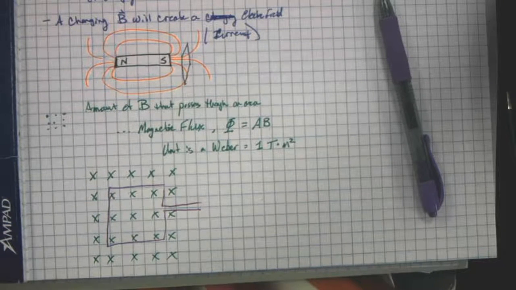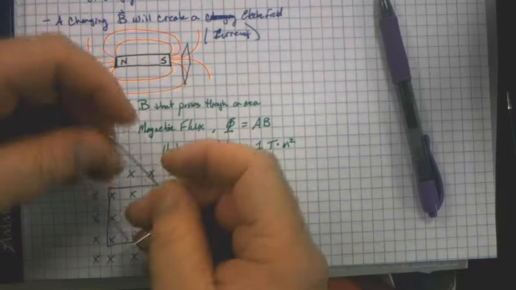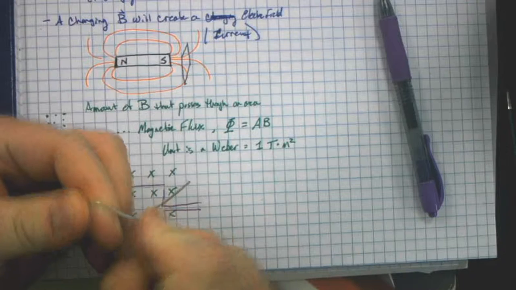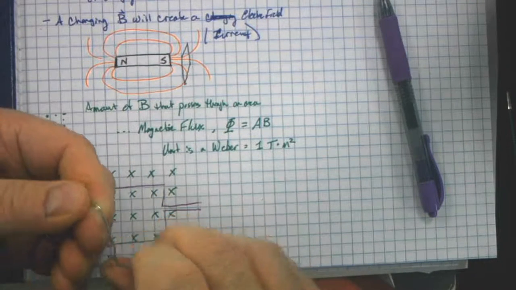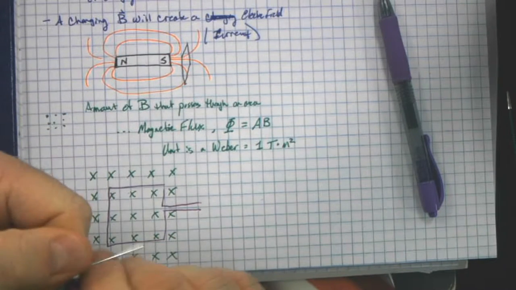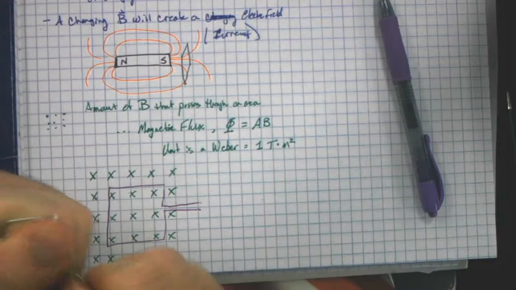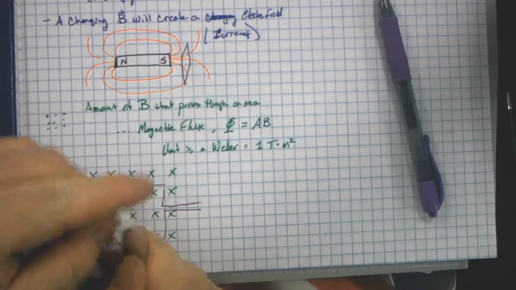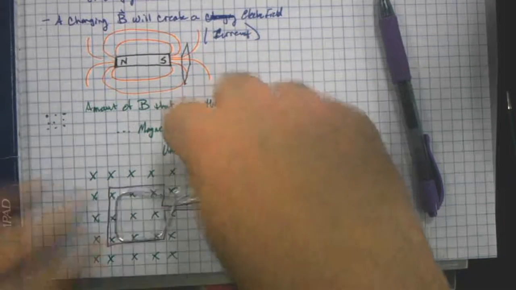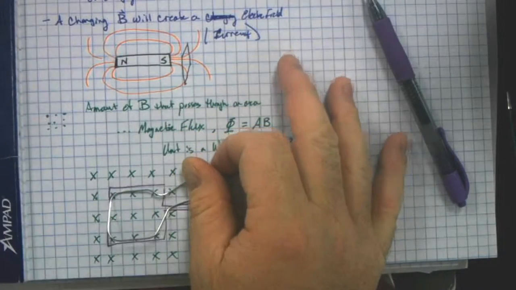I'm creating a loop of wire. So here's my loop of wire.